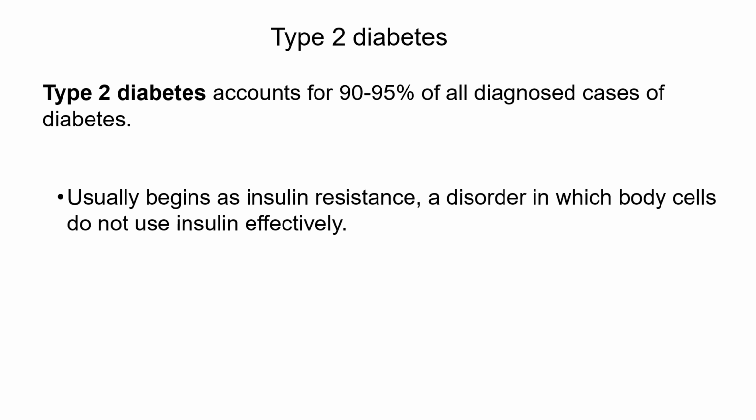There's something disrupting that signal transduction pathway. It means that our cells don't respond to insulin by becoming more permeable to glucose. And so in insulin resistance, blood glucose can become dangerously high, and simultaneously our cells are starved of carbohydrates.